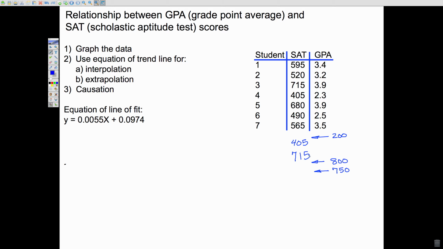So let's use the equation to find out what someone with an SAT score of 200 would likely have as a GPA, and we'll do the same for 750 and 800.